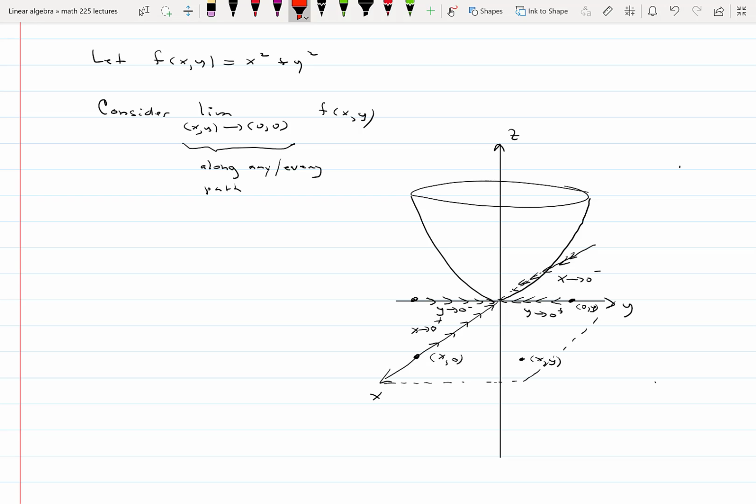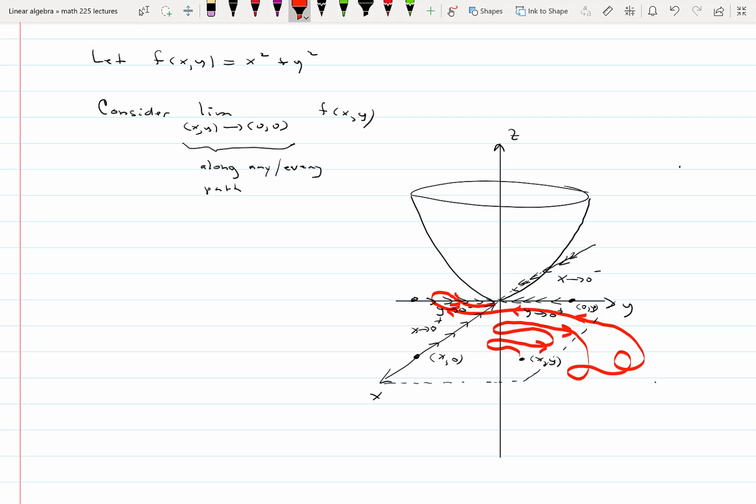We have to allow x and y to approach the origin along any possible path, and the function has to approach the same thing in order for this limit to exist. I can think of a lot of paths that will approach the origin. As long as I take a path that eventually gets infinitely close to the origin, I have to have the function values approaching the same thing.